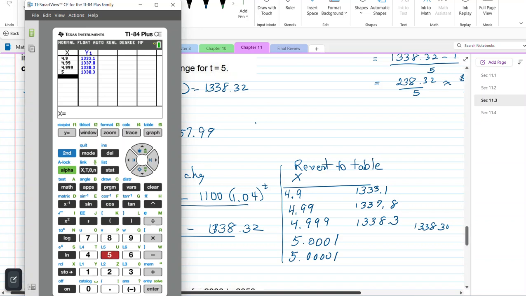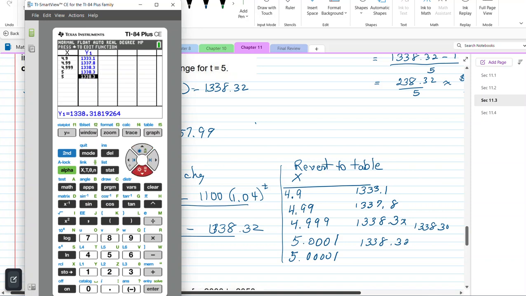Then I'm going to do 5.001, and I get 1338.3, and I think if I go here, I got a whole bunch. Let me go up one. You can see that already I'm at that rounding point.